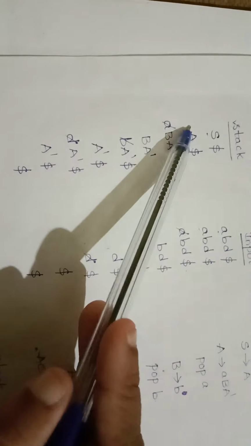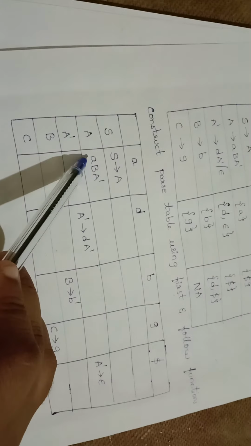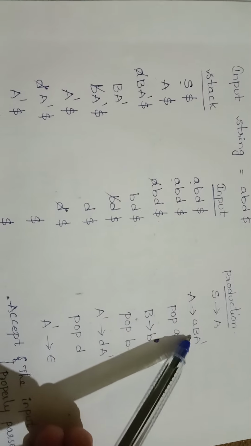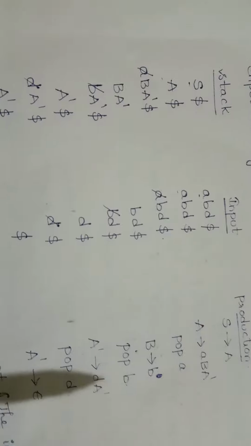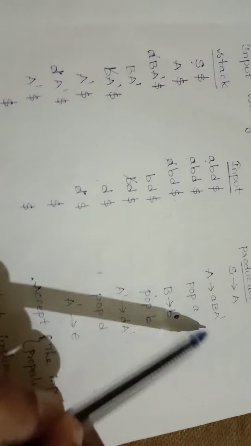Now A on A. A on input A. So check here. From which production we got here? A tends to AB A dash. So here in place of production you need to write A tends to AB A dash. So this A is substituted with AB A dash.